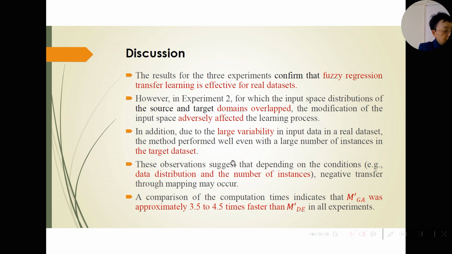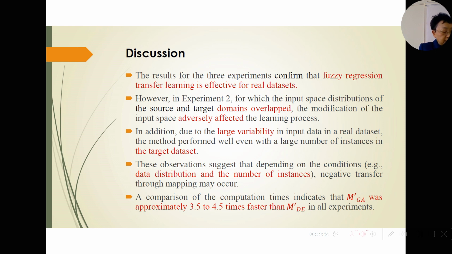In addition, due to the large variability in input data in a real data set, the method performed well even with large numbers of instances in the target data. On the other hand, for target data sets with 30 instances, learning was insufficient.